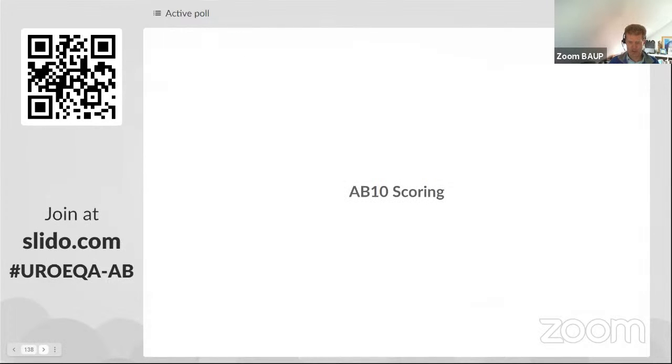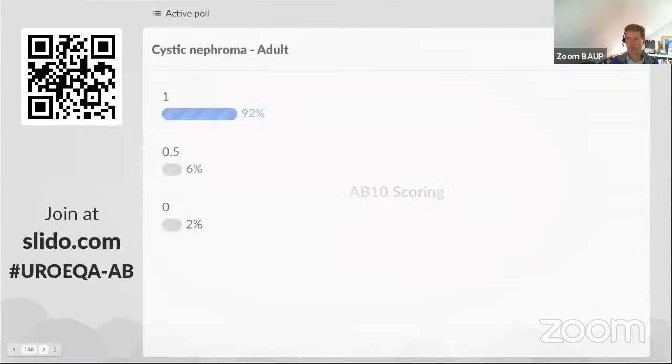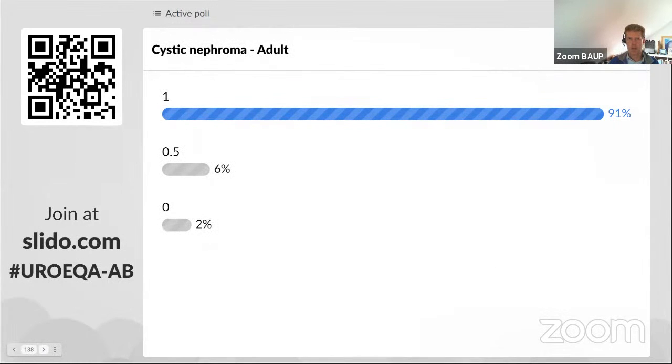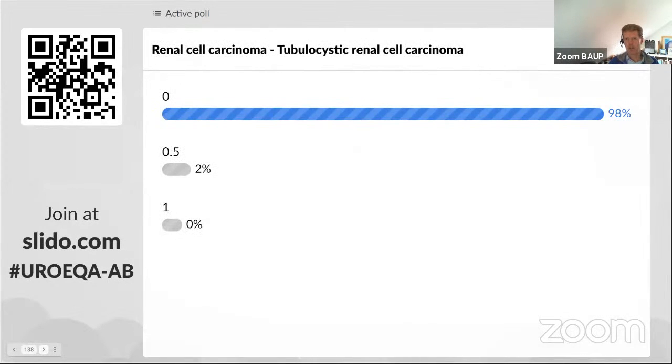So if you can score it now, please. Cystic nephroma gets 1, MEST gets 1, lymphangioma gets 0, metanephric adenoma gets 0, and tuberocystic gets 0.